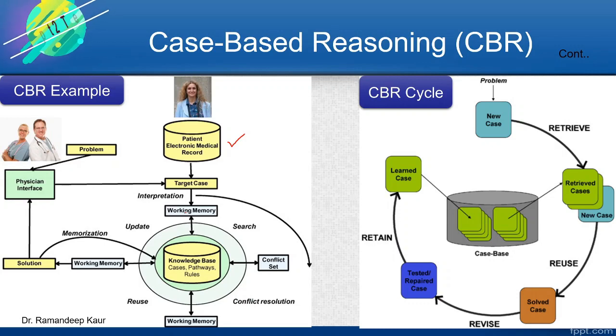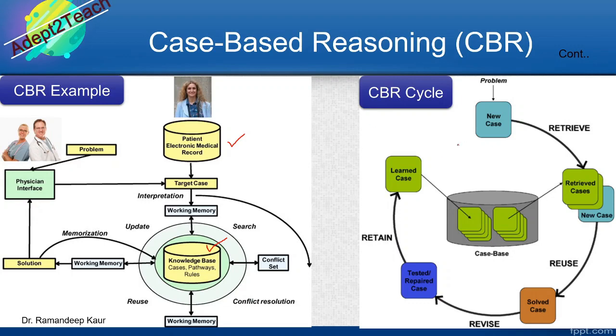Whatever patient's record matches the new targeted patient, the physician will try to identify from the knowledge base history what the different cases are, what methodology was applied for that patient, what prescription was given, what diagnosis was given. If the case matches, the physician takes the same solution and applies it to that patient, the new targeted patient.